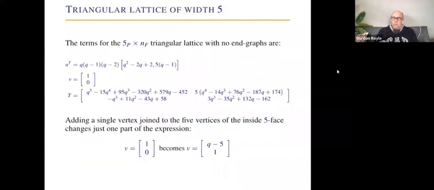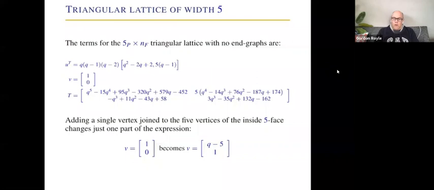Okay, let's look at the triangular lattice of width 5. What do these expressions look like? Well, here's U transpose. The transfer matrix in this case is only 2 by 2. You can do some tricks to reduce the number of dimensions of the transfer matrix by using symmetry and things of that nature.